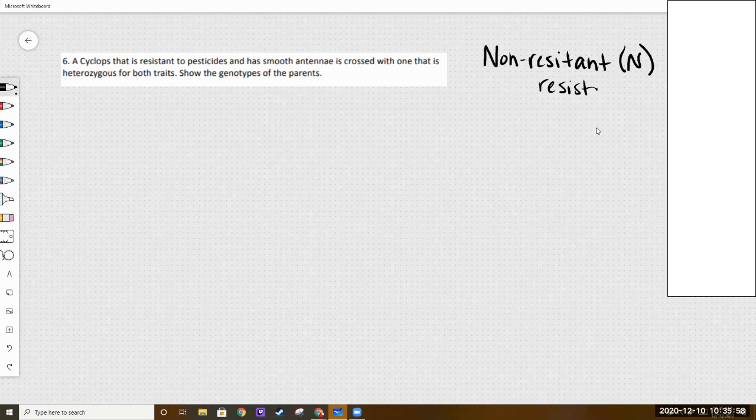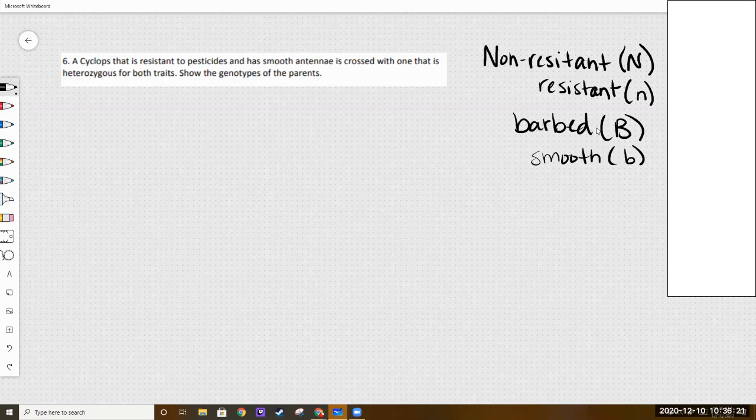Resistant would be recessive, okay? Then smooth or barbed antenna, barbed is dominant over smooth antenna.